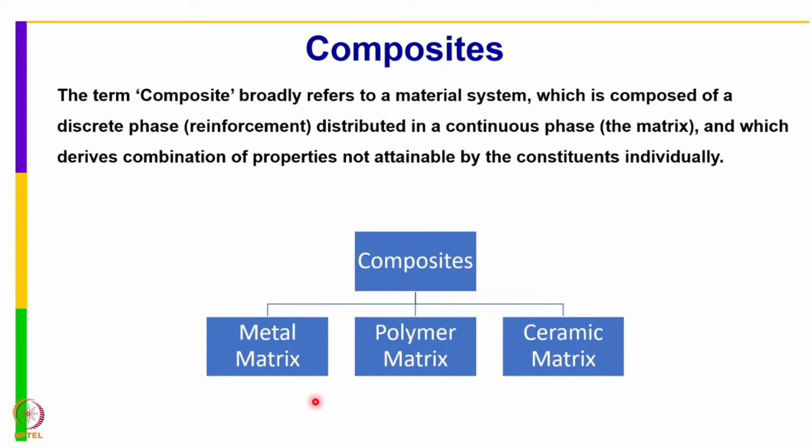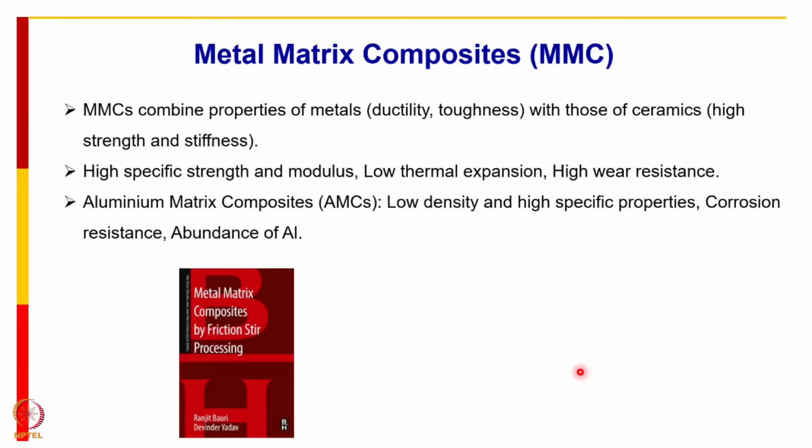If you look at the different features or characteristics of metal matrix composites, or MMCs in short, MMCs combine properties of metals such as ductility and toughness with those of ceramics such as high strength and stiffness and also high hardness. Okay, they possess high specific strength and modulus, low thermal expansion, and high wear resistance.